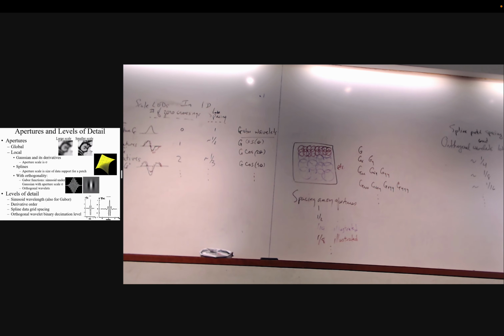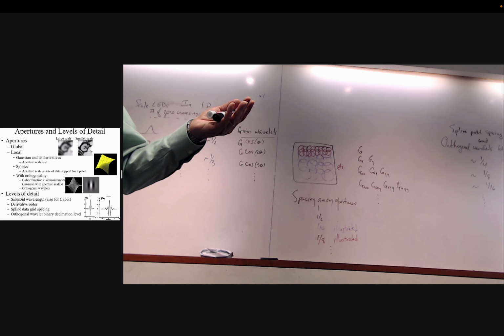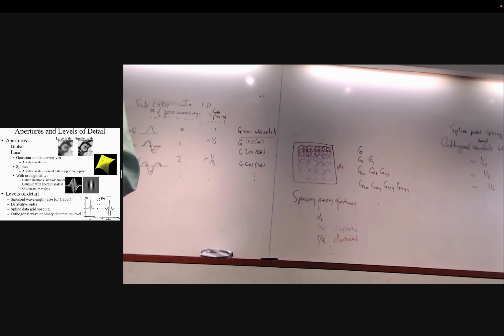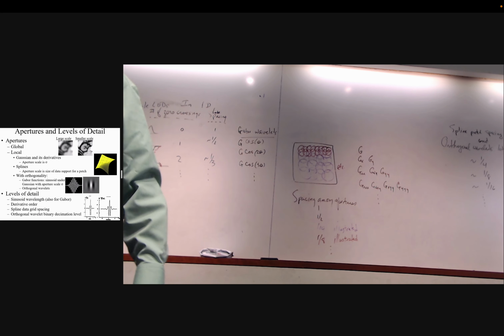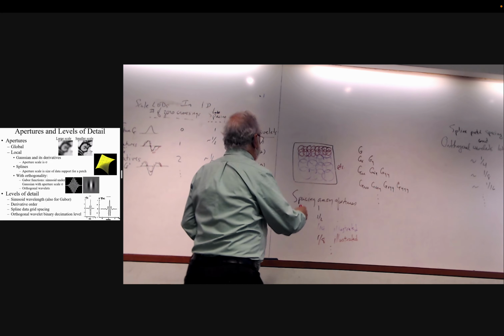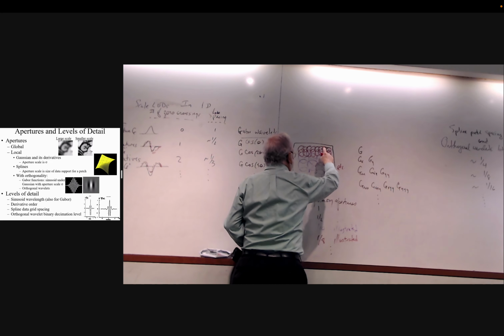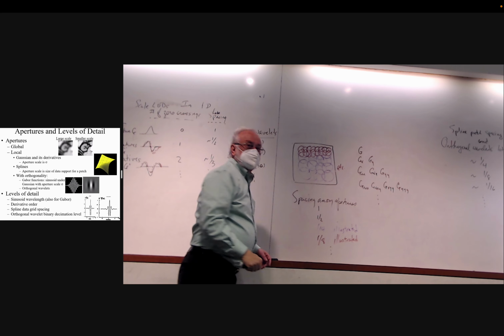But the upshot is we could get computations with locality. And if by some chance we happen to know that we're only interested in some particular part of the image, we don't have to compute some of these. If we're interested only in this region of the image, we wouldn't have to compute the red ones down there.